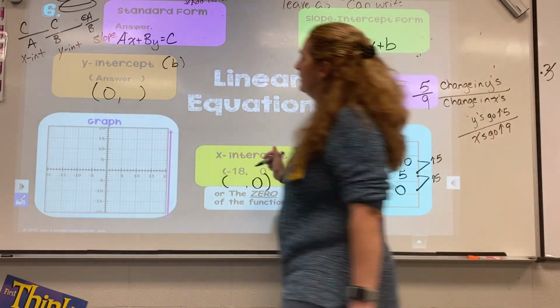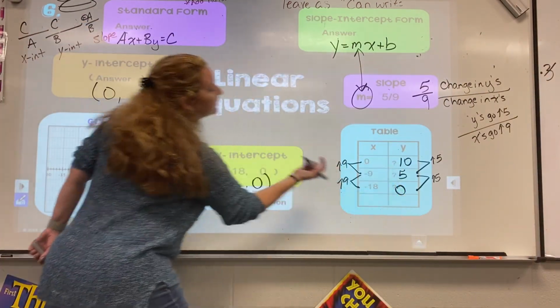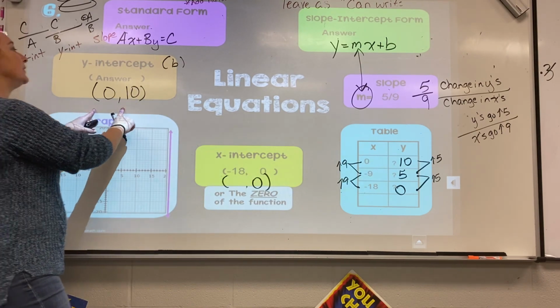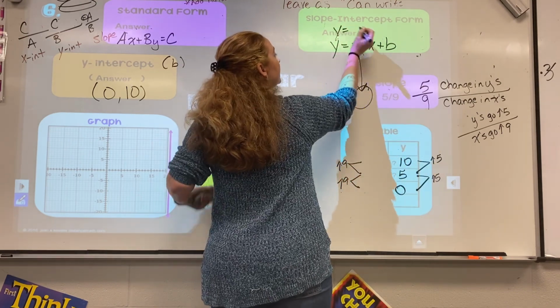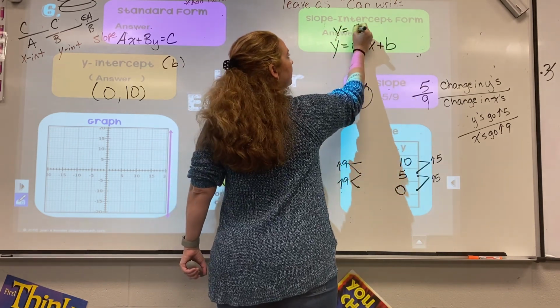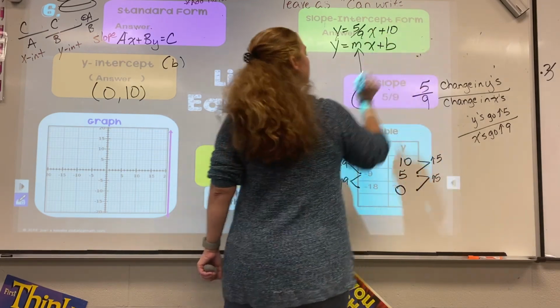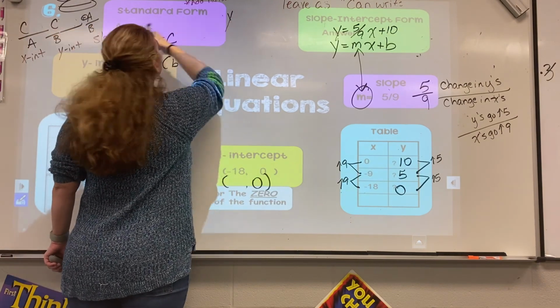So notice my x is 0, if x is 0 and y is 10, that's my y-intercept. Now I know my y-intercept and my slope, so I can get this part of my puzzle done, plus 10. And once I have that, then I can convert it to standard form.